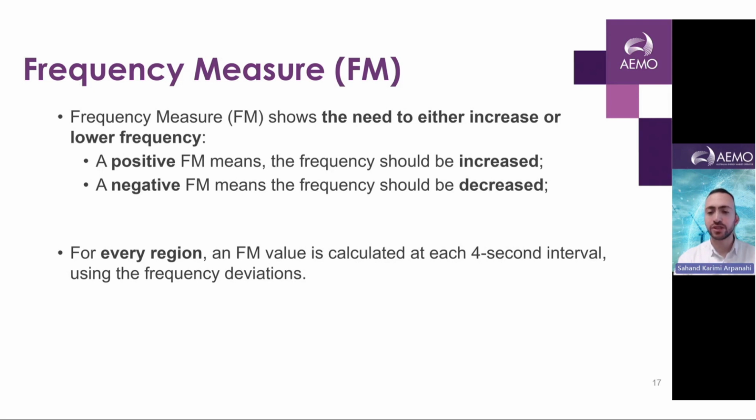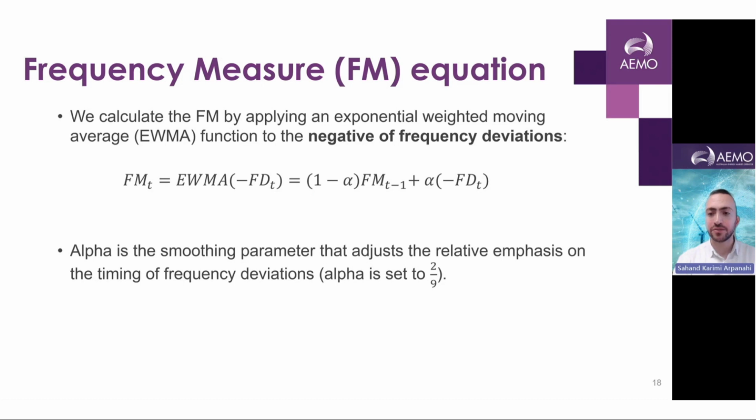So for every region, we use the frequency deviations, or basically the deviations of frequency from 50 Hz, to calculate the FM at each 4-second interval. We calculate the FM by applying an exponential weighted moving average function to the negative of frequency deviations.